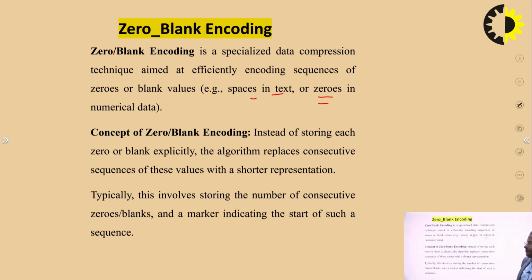In numeric data, that is the concept of zero blank encoding. Instead of storing each zero or blank explicitly, the algorithm replaces consecutive sequences of these values with a shorter representation. I will show it with the help of an example. Typically, this involves storing the number of consecutive zeros or blanks and a marker indicating the start of such a sequence.